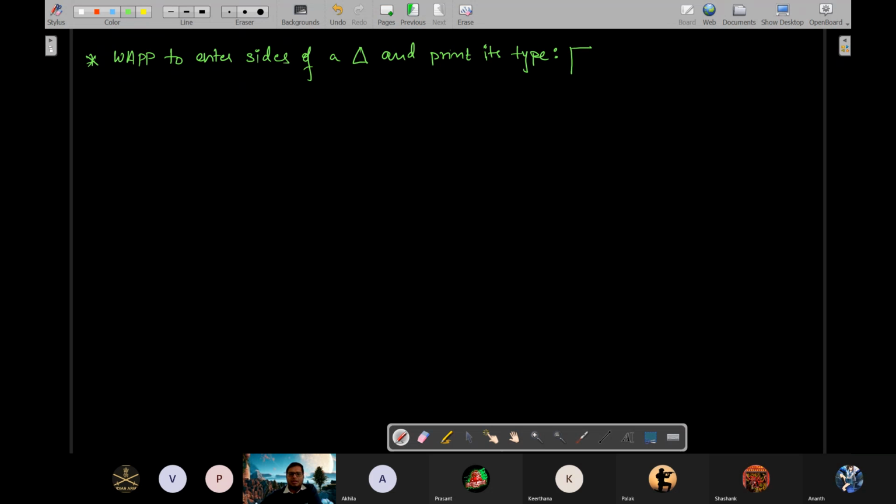How many types are there? Scalene, isosceles, equilateral. Okay. Let us see. You have to also take care whether it is a valid triangle or not. लिख देते हैं. Also check for validity of a triangle.